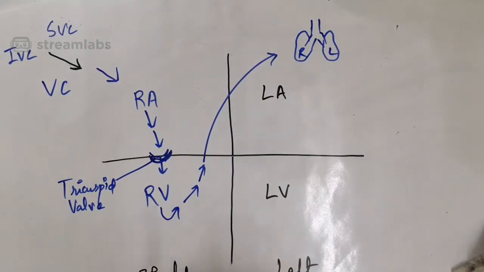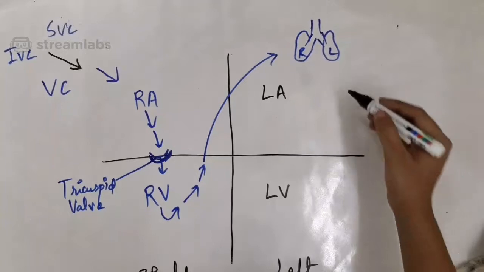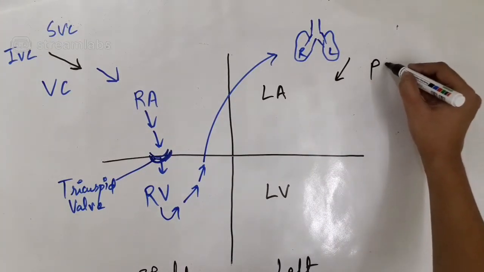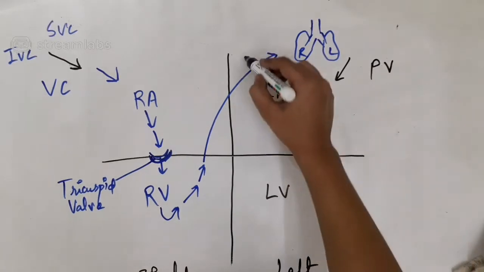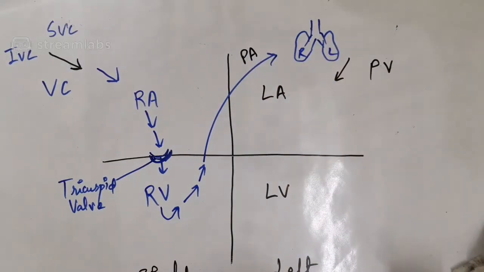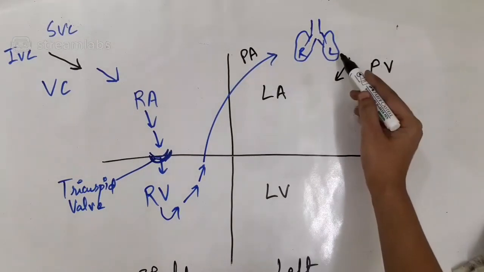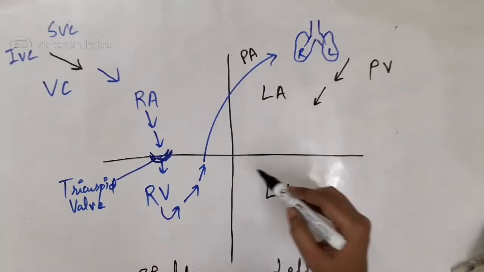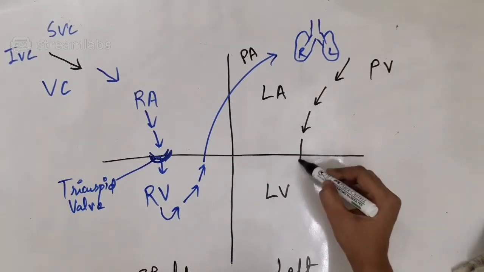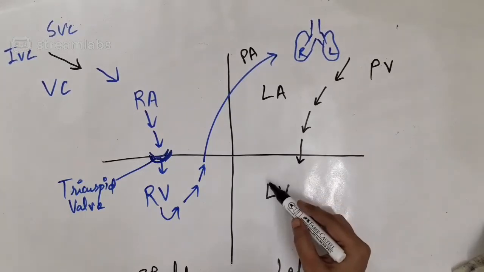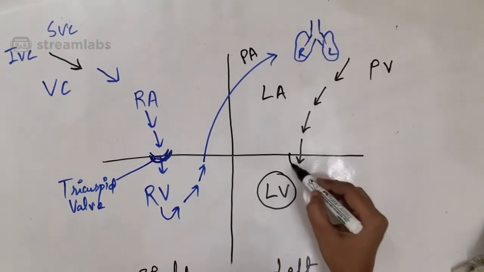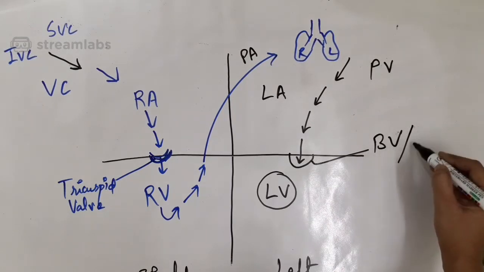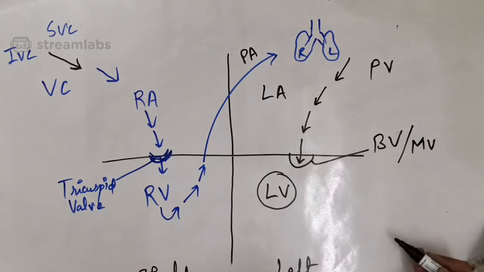and from there, after getting oxygenated, the pure blood enters the heart through pulmonary vein. PV means pulmonary vein and PA means pulmonary artery. Pulmonary vein brings the pure blood from the lungs to the heart in the left auricle, and from here it is pushed into the left ventricle through a bicuspid valve, also known as mitral valve.